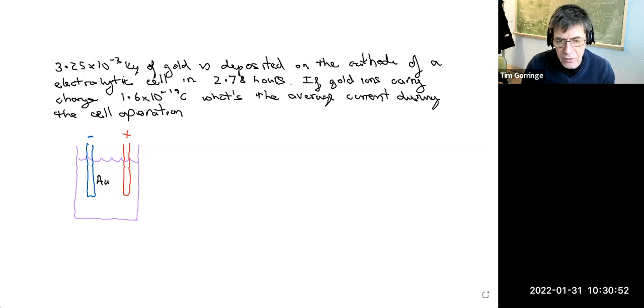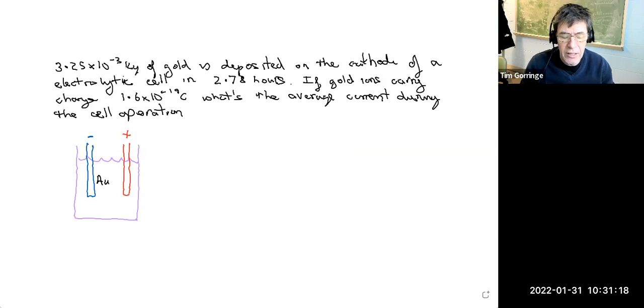That's about 10,000 seconds. We're also told that the gold ions carry one electronic unit, plus 1.6 times 10 to the minus 19 coulombs of charge. And what we've got to figure out is the current that's flowing through the electrolytic cell.